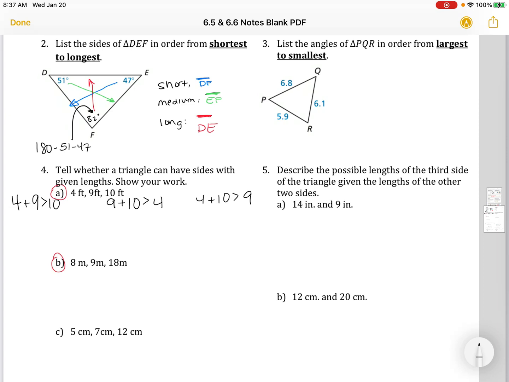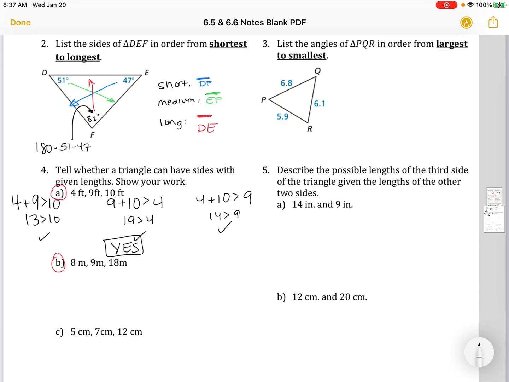If I answer yes to all 3, I'm good to go. But as soon as I answer no, I stop. 13 is greater than 10. Check. 19 is greater than 4. Check. 14 is greater than 9. Check. Yes, this is a triangle.